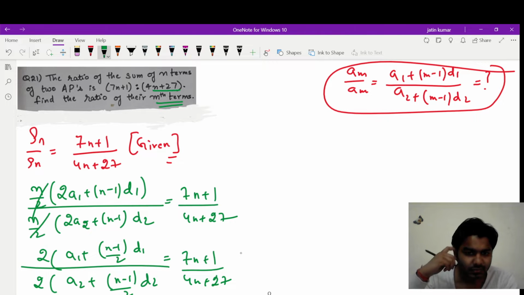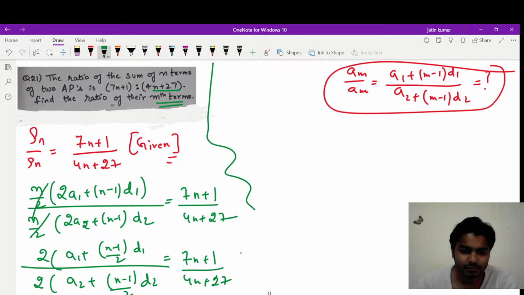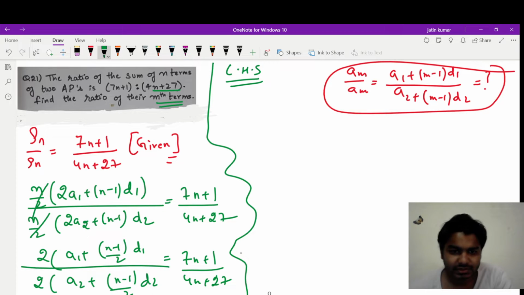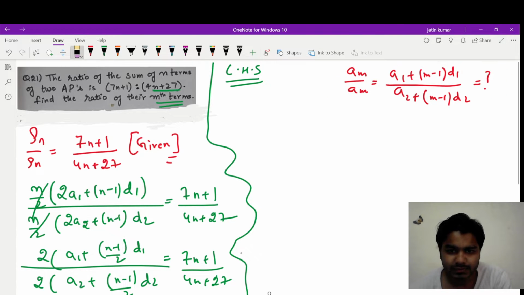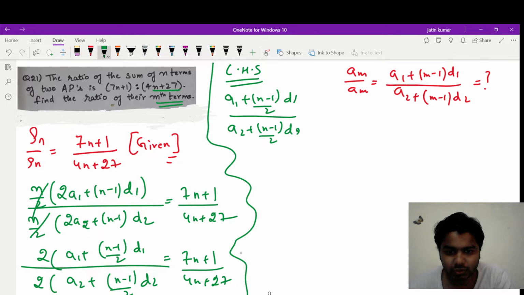Now we are left with this on the left hand side: (a1 plus (n minus 1) upon 2 d1) upon (a2 plus (n minus 1) upon 2 d2), and on the right (7n plus 1) upon (4n plus 27).